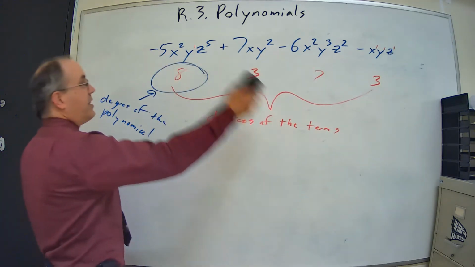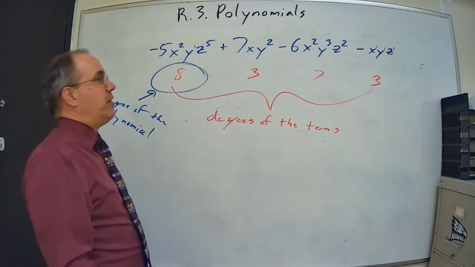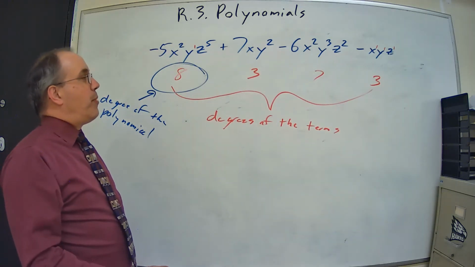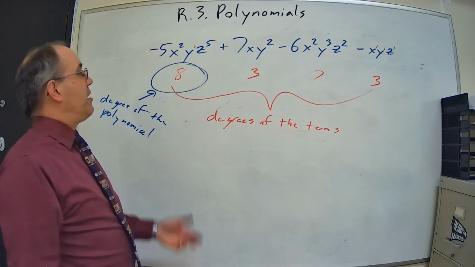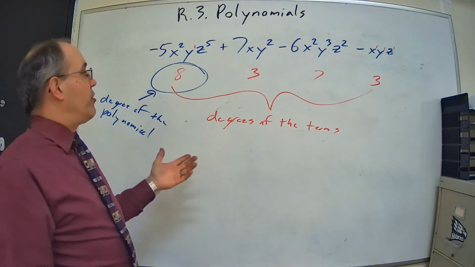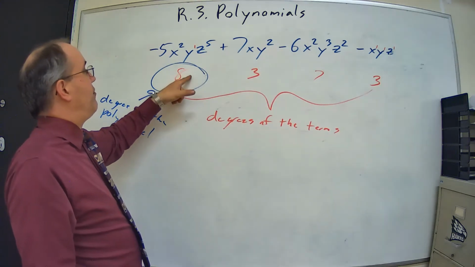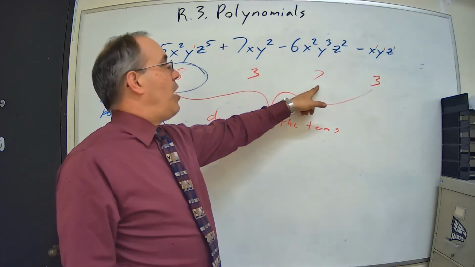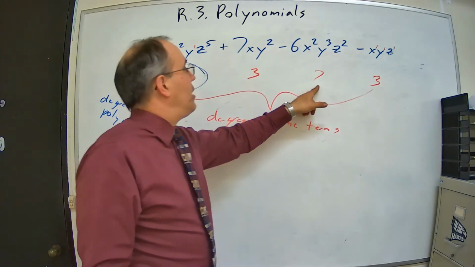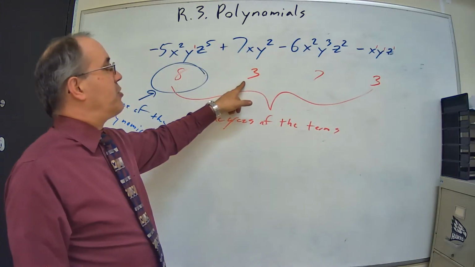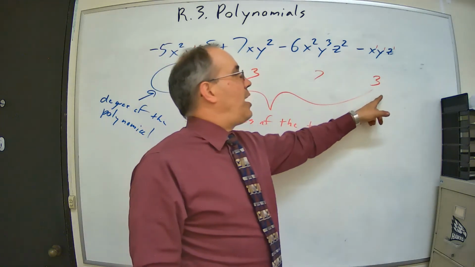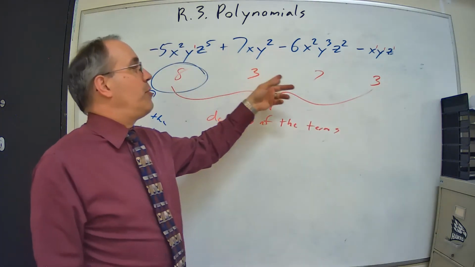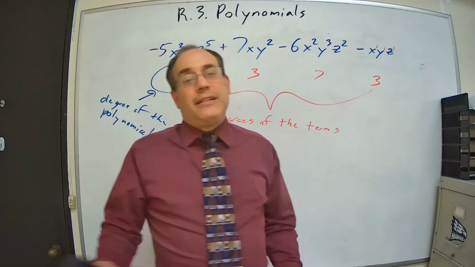Now, as I said, putting these in some sort of order could be difficult, and people may have different ideas on that, because if I put it in descending order, that shouldn't be too bad. I can say negative 5x squared y z to the fifth, minus 6x squared y cubed z squared, but then I have this plus 7xy squared and this minus xyz. Well, which one would come first? Does the xy squared come before xyz?